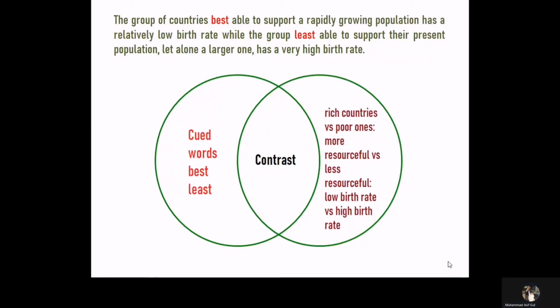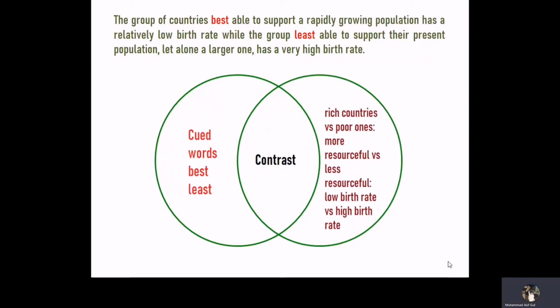And here, a contrast has been made between rich countries versus poor countries, or we can say more resourceful versus less resourceful countries. Or we can say that a comparison or contrast has been made between low birth rate versus high birth rate.